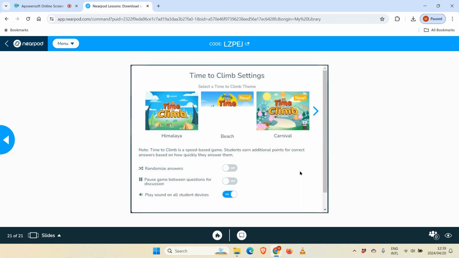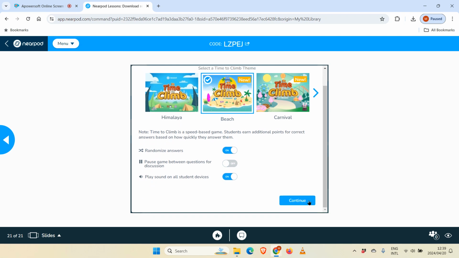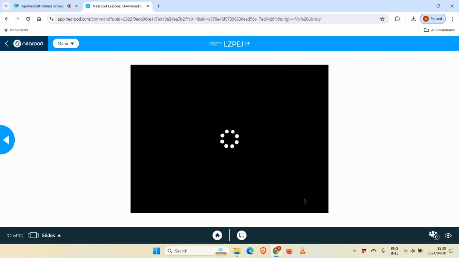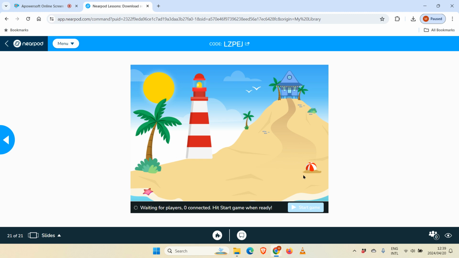The game will start. I'll just select this mode, continue. In this case, I'm waiting for students to access this game, and once they've done that, the game will start.